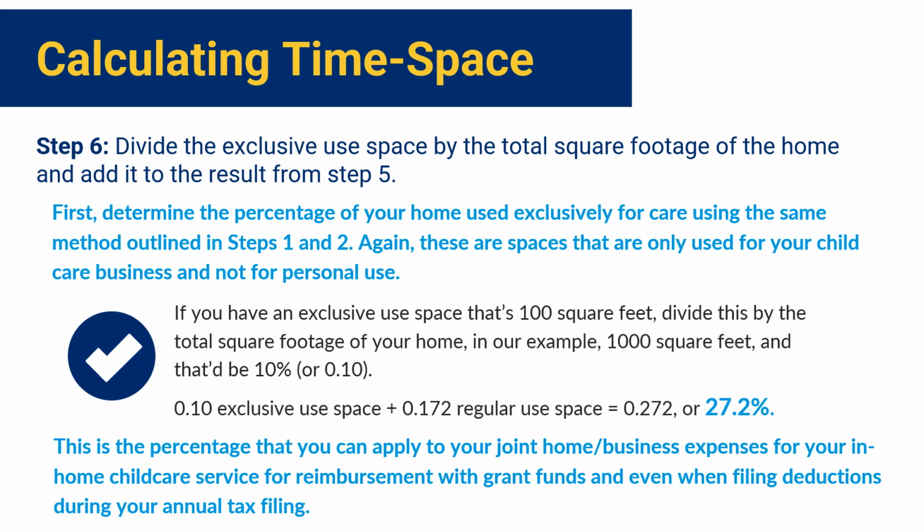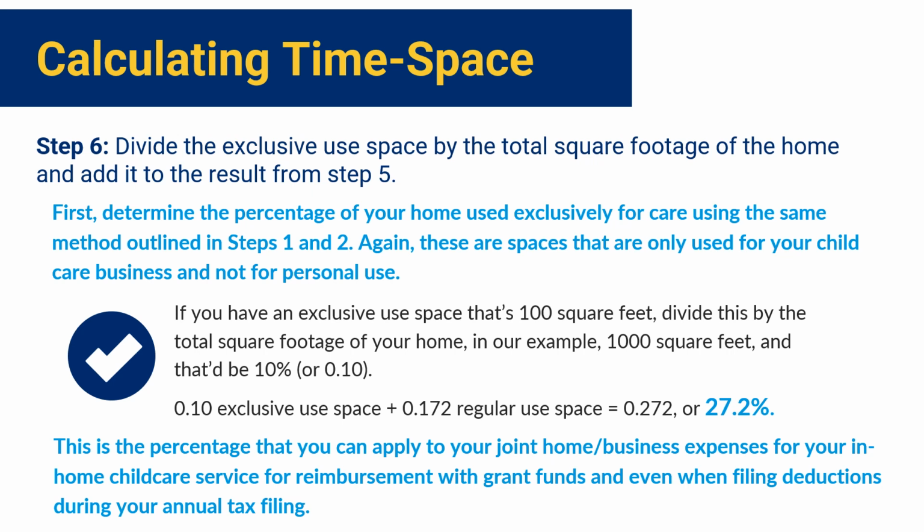In our sixth and final step, we divide the exclusively used space by the total square footage of the home and add it to the result from step 5. First, determine the percentage of your home used exclusively for your child care program using the method outlined in steps 1 and 2.